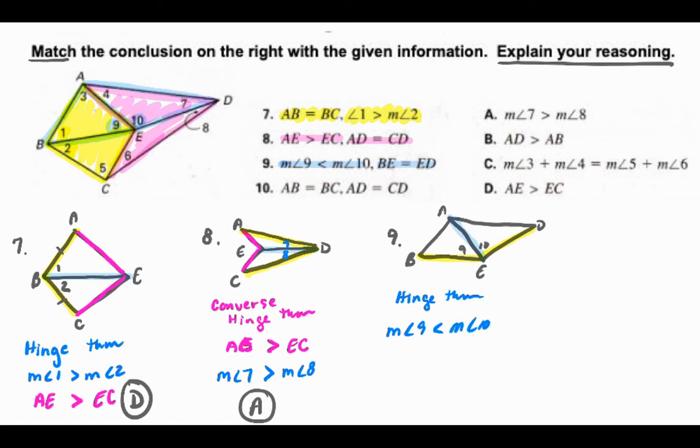So we're going to get the information about the opposite sides. So opposite angle 9 is AB. Opposite angle 10 is AD. And we use the same inequality. Now, you're going to see that this is not actually one of the answer choices.